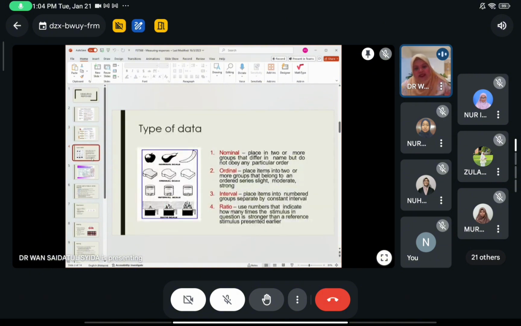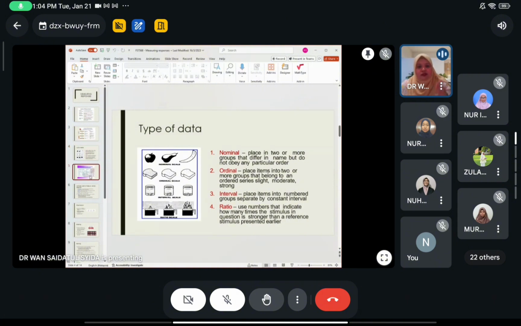So to be more clear, you can see this picture. We are focusing on the food approach. So the question will be on the food application, not others, right? What you have to know is the differences between nominal, ordinal, interval and ratio.